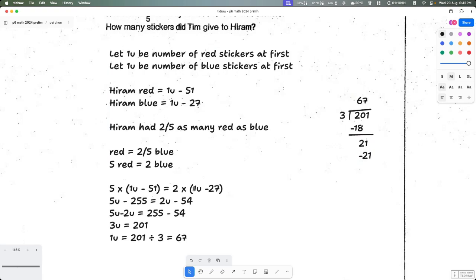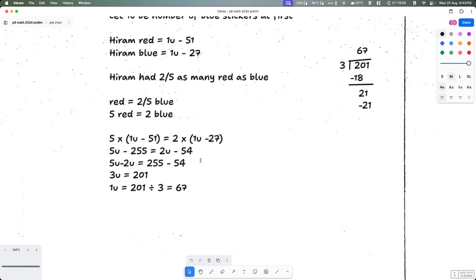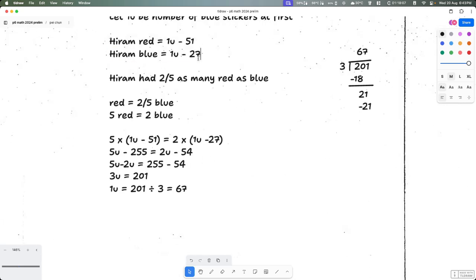Okay, so how many stickers did Tim give to Hiram? So it's basically this total, this whole thing, right? So stickers given to Hiram is basically bracket 1 unit plus 51, 1 unit minus 51, and 1 unit minus 27 in this case.